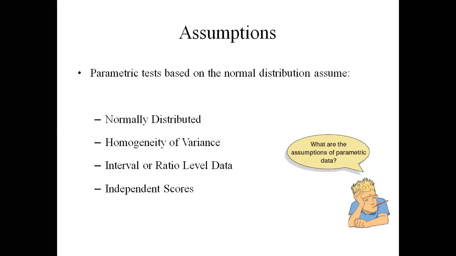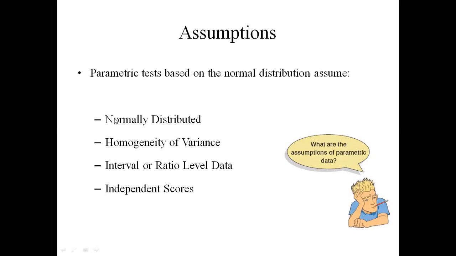One, data should be normally distributed. Second, data should be homogeneous. Data should be collected on interval or ratio scale, and data should be independent. So we will focus here on normal distribution and homogeneity of variance. Interval means we can collect data on interval or ratio, there is no problem. Independent means one particular individual's score should be different from another.